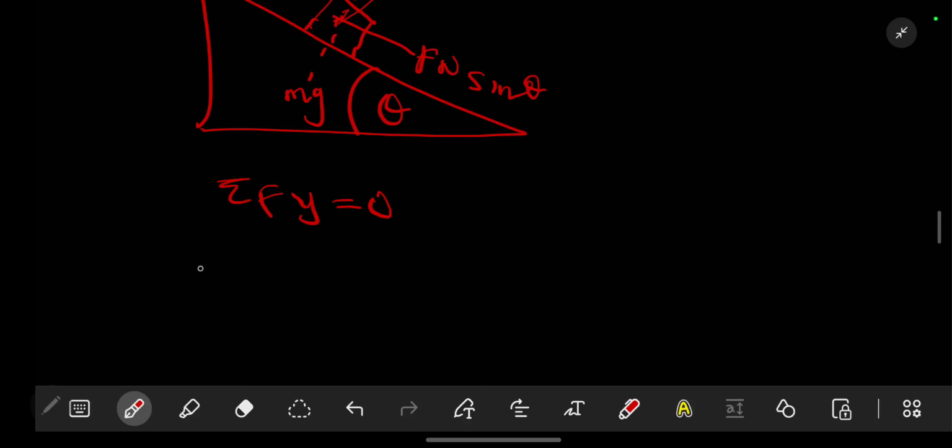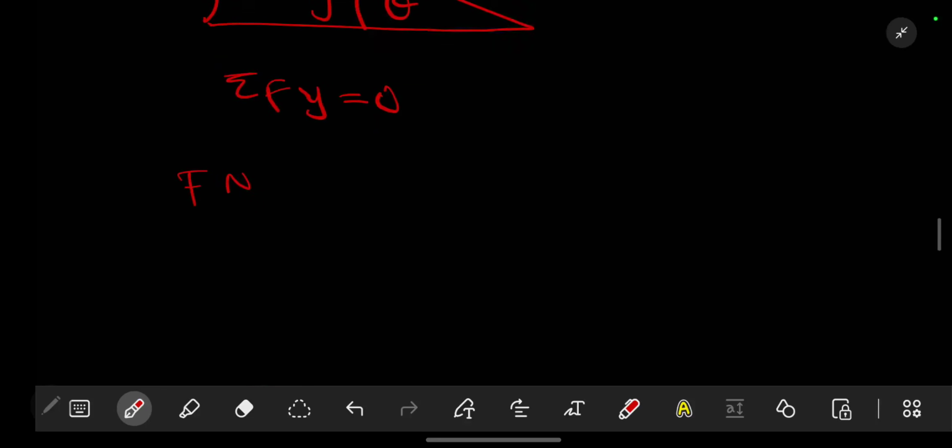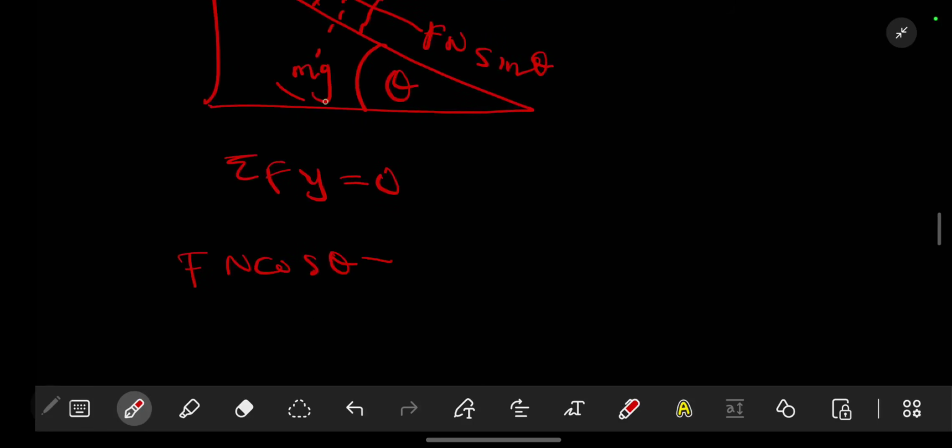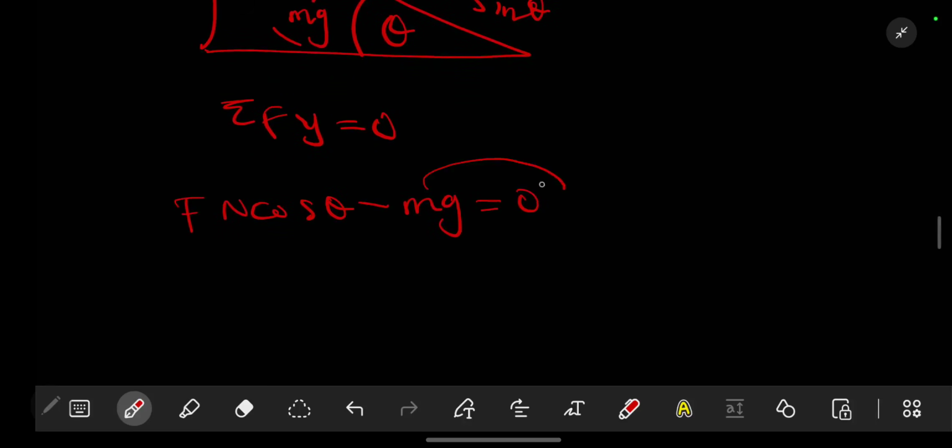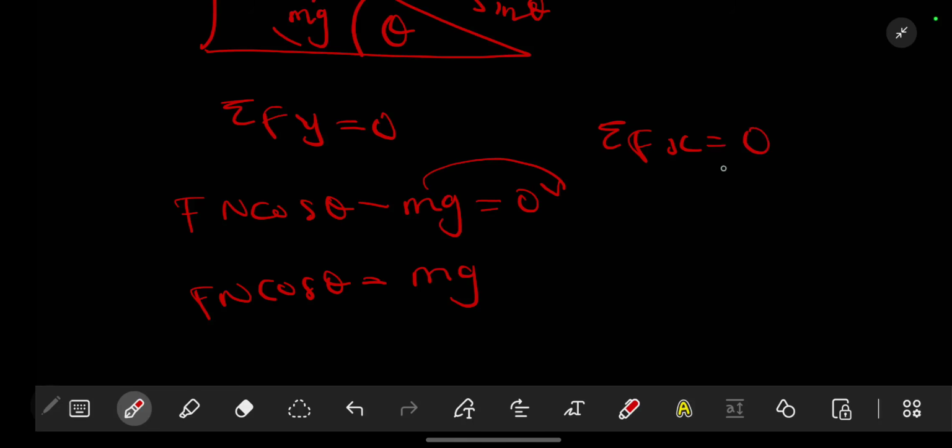The one that is up is Fn cosine of theta, minus the opposite one, mg, should be equal to 0. So when mg goes this side, Fn cosine of theta should be equal to mg.